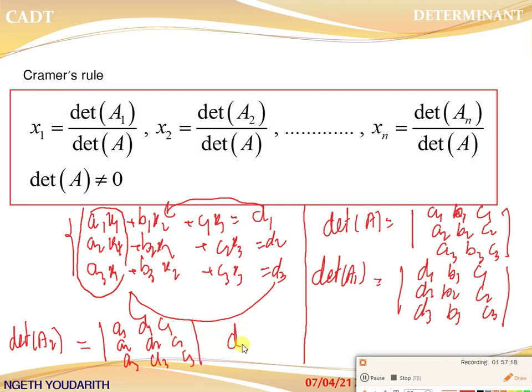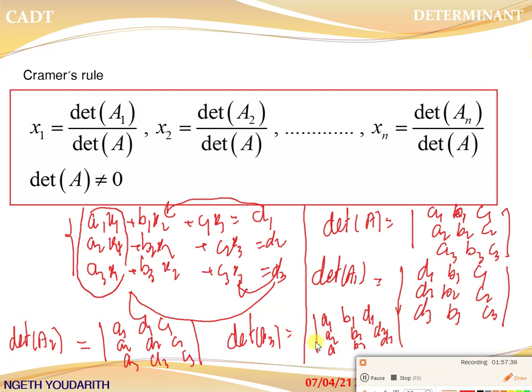And determinant A3: we take this one to fill in the third column, so A1, A2, A3, B1, B2, B3, D1, D2, D3.